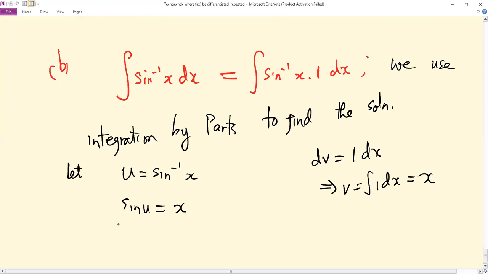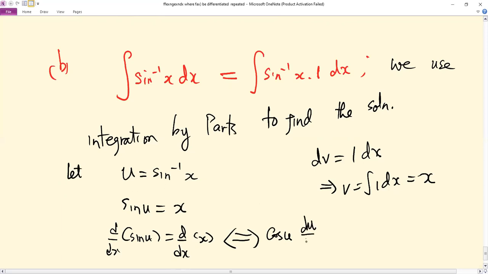So we'll have d dx of sine of u equals d dx of x. When you differentiate sine, you get cosine, but then u is assumed to be a differentiable function of x, so you attach du dx, and when you differentiate x with respect to x, you get 1.